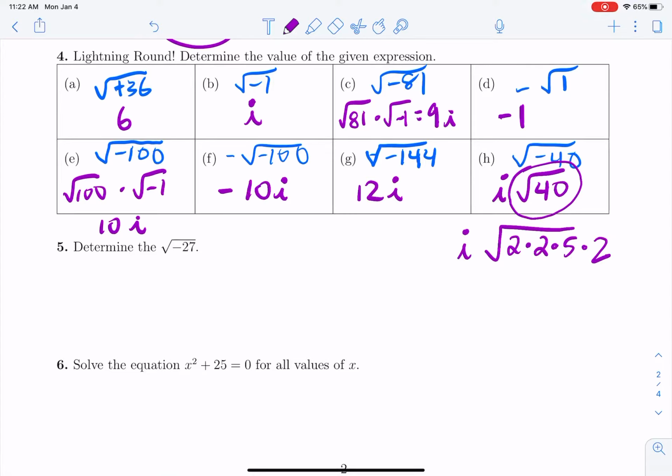So basically what I did there is factored 40. I'm going to circle my two 2's there. This is the jailbreak method. I take 2 out, but one of them dies on the way. So I have 2i square root of 10. And that's actually my final answer.